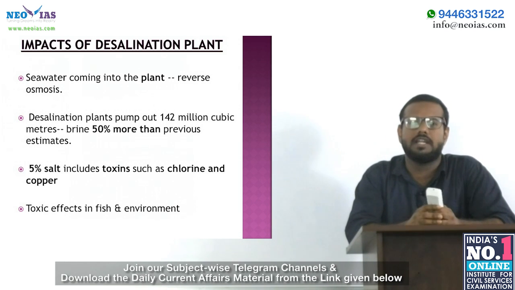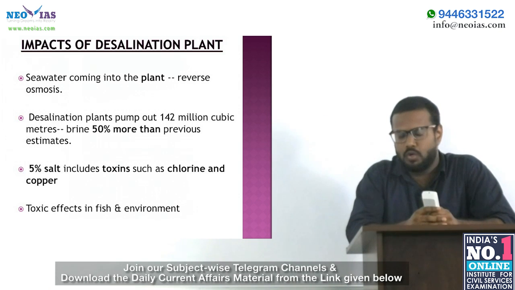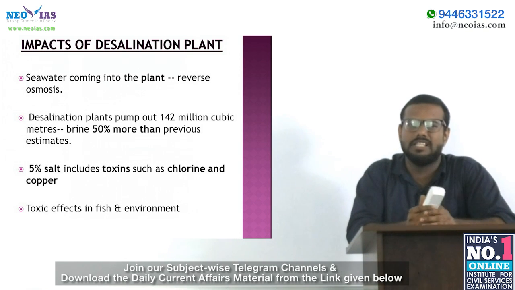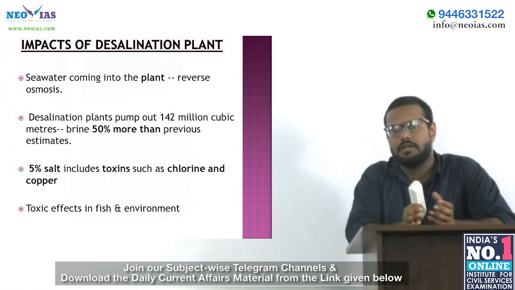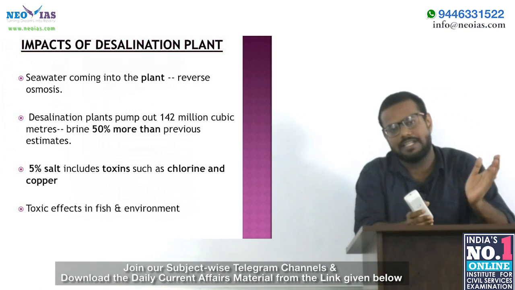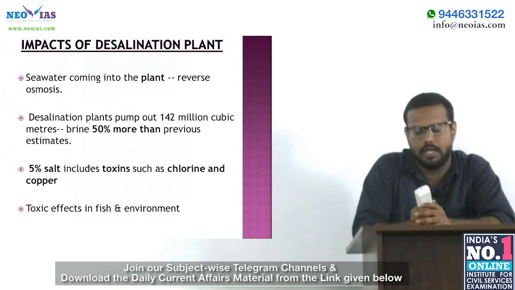In some countries, the availability of fresh water is very scarce, so seawater is directly converted into fresh water by these desalination plants. The process usually used is reverse osmosis, and the wastewater is discharged into the sea only.